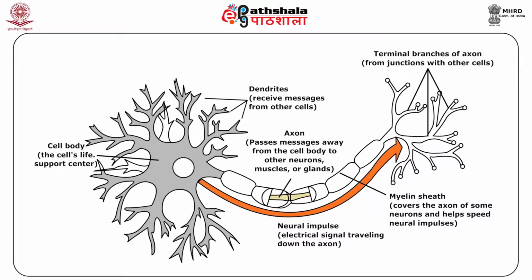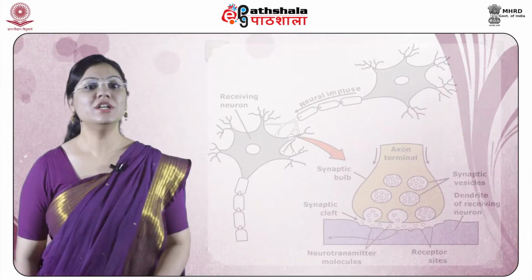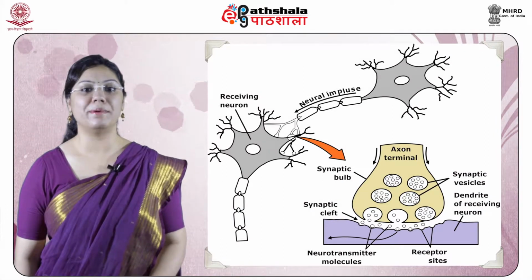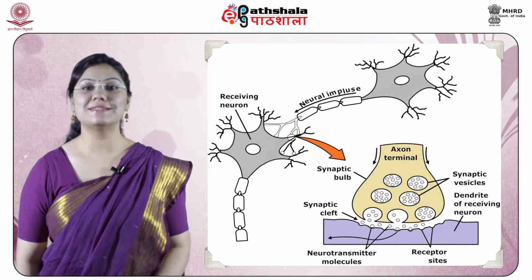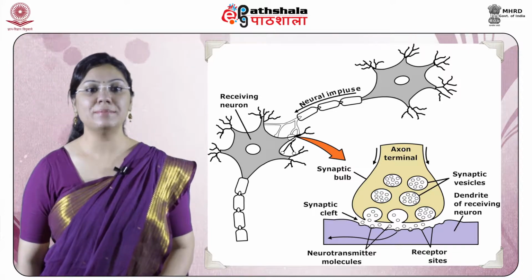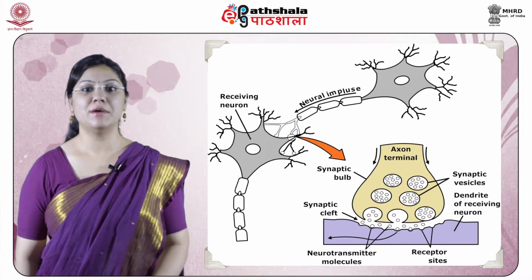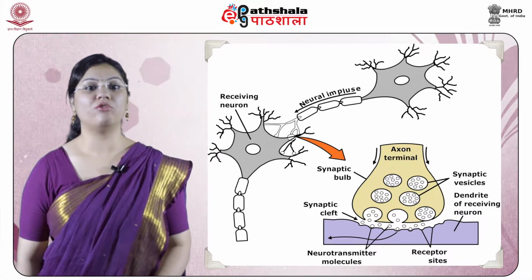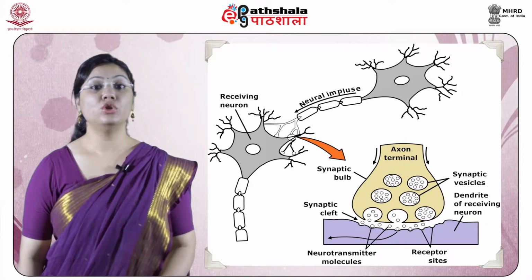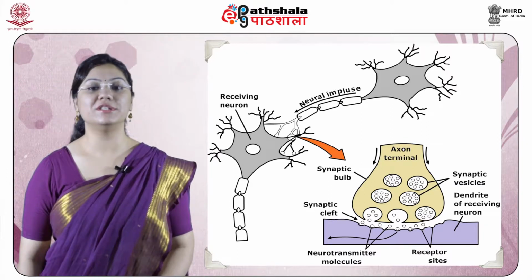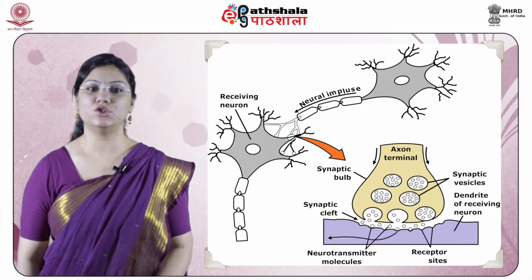The terminal arborizations into which the axon eventually divides are specialized structures that release neurotransmitter chemicals into the synaptic cleft that separates the neuron from the neighboring target neurons. Figure 2 shows electrical impulse transmission across a synaptic cleft. A synapse consists of junctions between the terminal buttons of one neuron and the postsynaptic membrane of the target neuron, usually the dendrite.